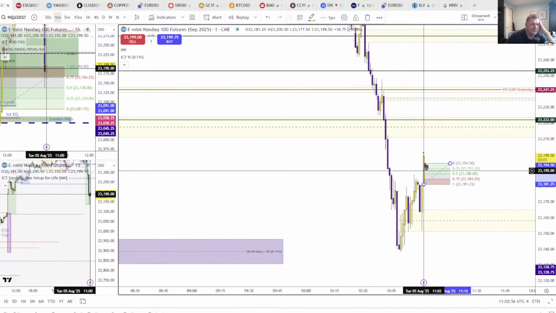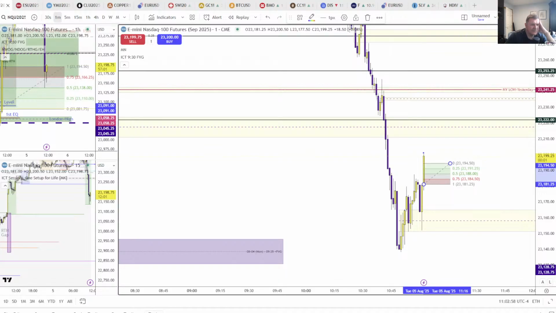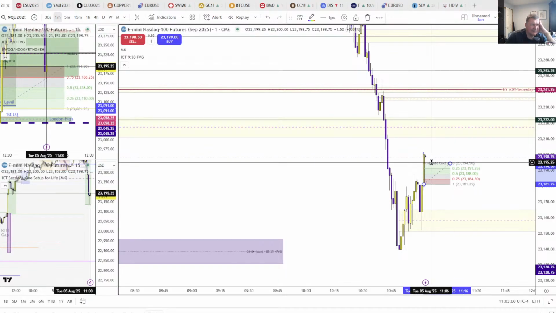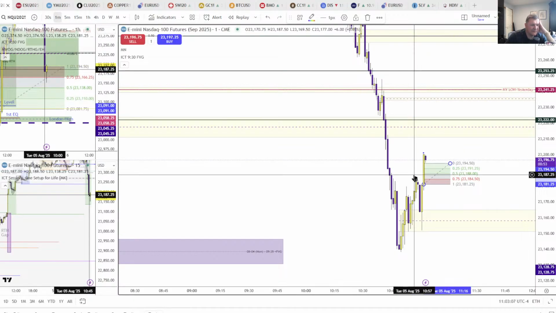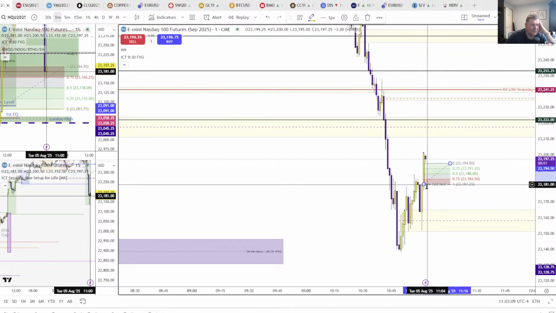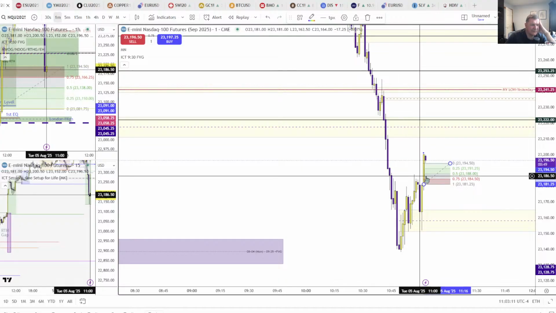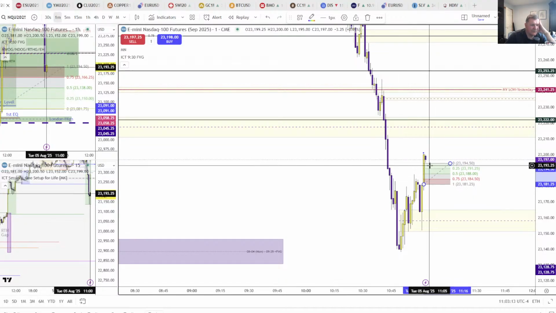Wait, I want some leg room in here. Now I'll come back, create a little tippy tappy. Or if it drops down all the way into here, I'll take that as a run as well. Now we've got that run above that high. 194. Come on, stop right there.